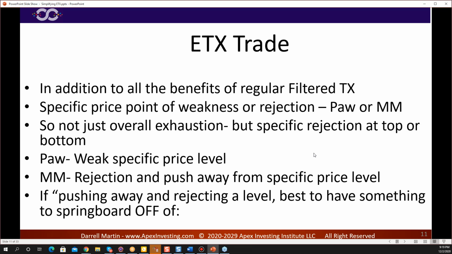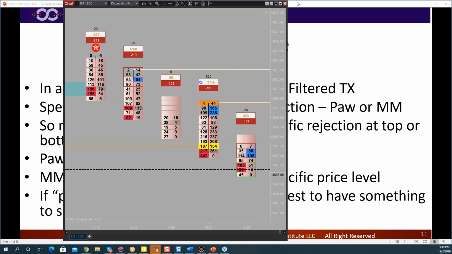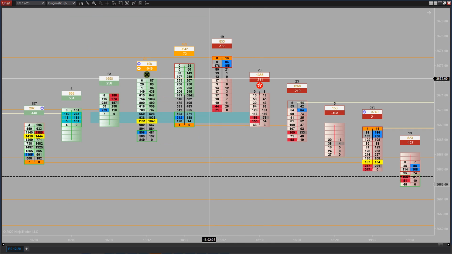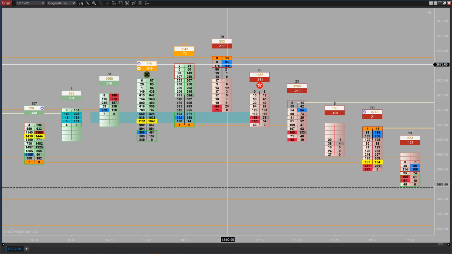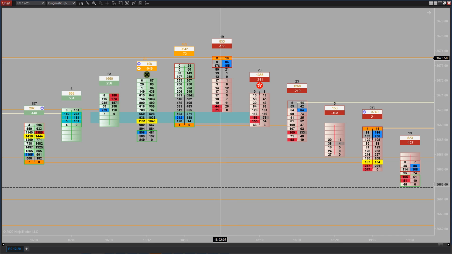Okay, so you understand how that kind of adds to everything there, to where we're not just taking advantage of, like right here, a chart I have in front of me, there being an exhaustion box at the top of this bar and there being trapped orders at the top of this bar, but there also being a rejection point at this very topmost specific price point of weakness.